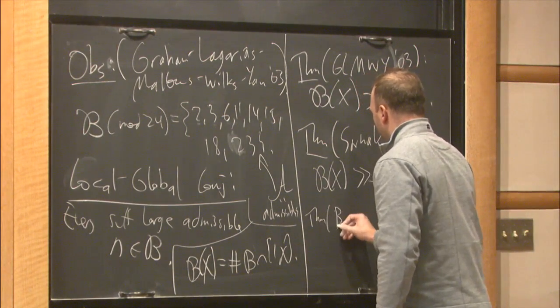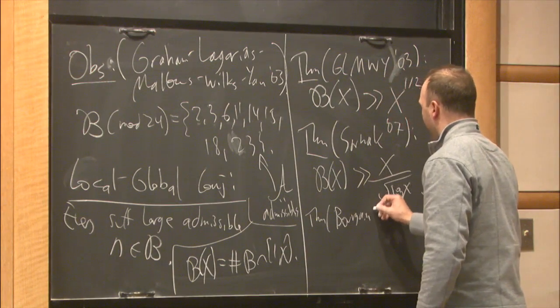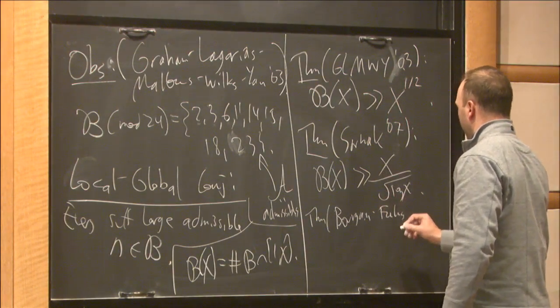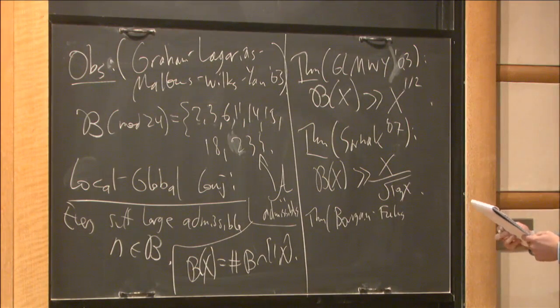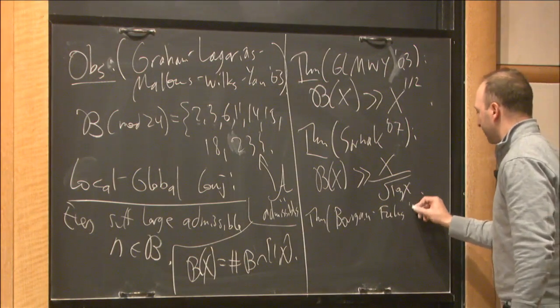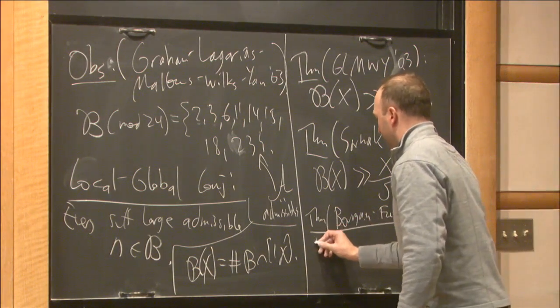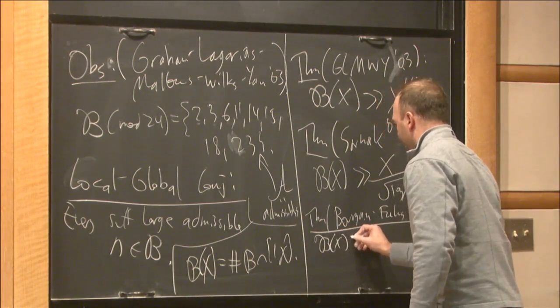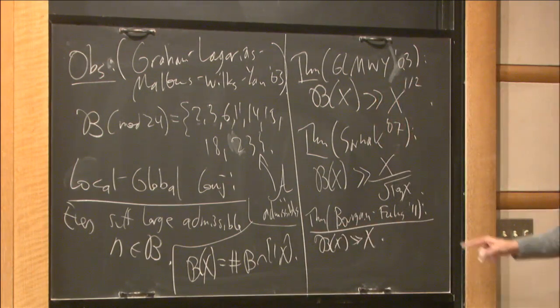And then Bourgain-Fuchs pushed this to a positive proportion. This is in 2011, that the set of bends is a positive proportion of the integers, so got rid of this root log x.